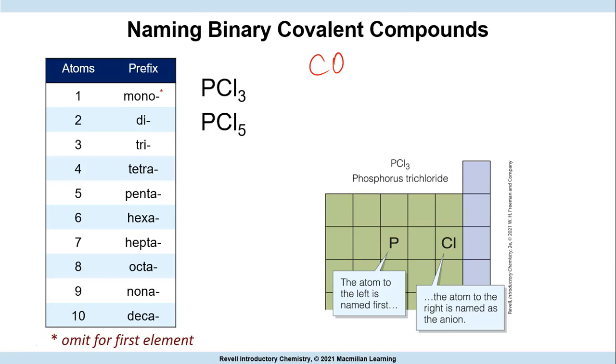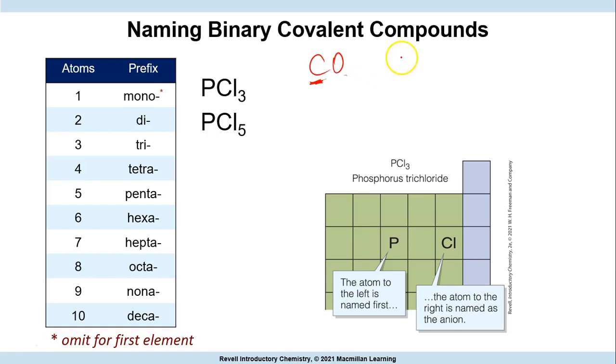Now when we are naming these compounds, we omit the mono for the first element. For example, you don't say monocarbon monoxide. You omit the mono for the first element. That is the only exception. If it was di, you must name it.